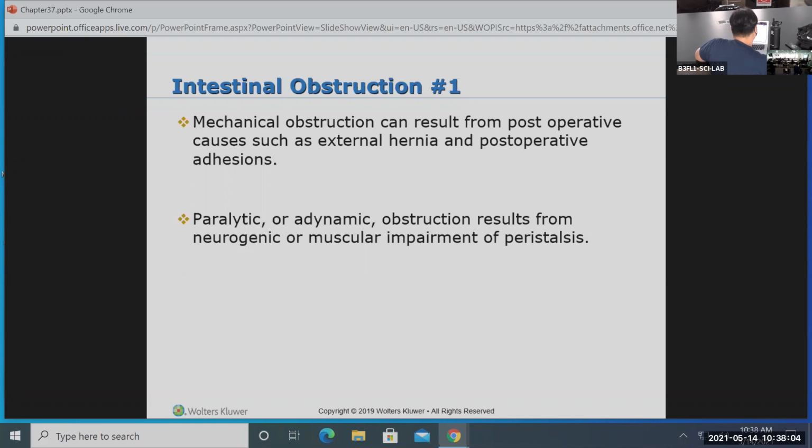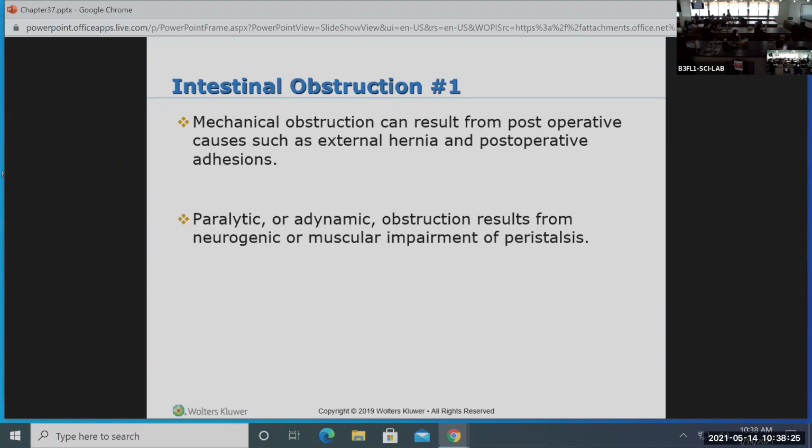Adynamic means, what is adynamic? Anybody can help me out? What is adynamic? Adynamic means there is no movement, no dynamo.